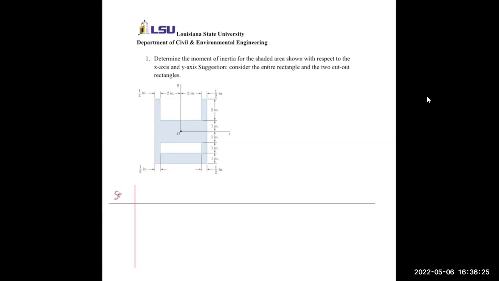Okay, so right here is the segment. The other one's the area, that'll be inch squared. Then that's the centroid of each segment.